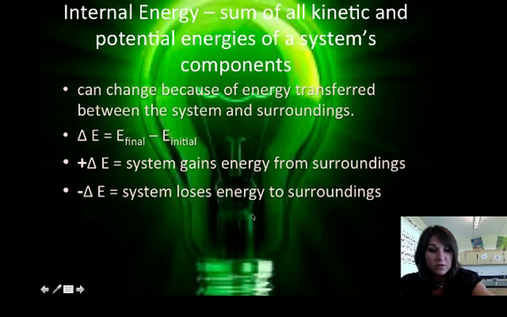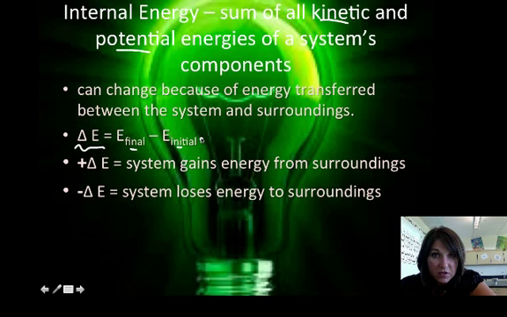The last thing I want to talk to you about is internal energy. This would be the sum of all kinetic and potential energies of a system's components. So for a system, if we're only looking at what it is made of, then we would add up all the kinetic energy and all the potential energy. We know the change in energy. Remember, delta means final minus initial.